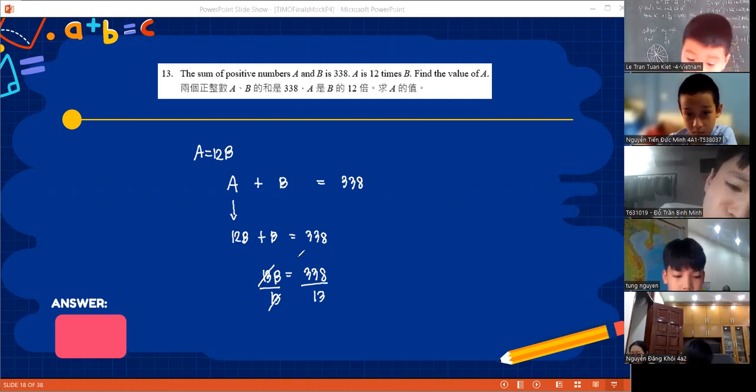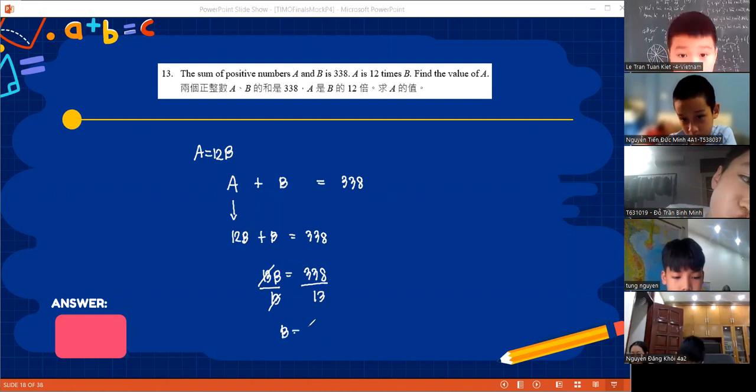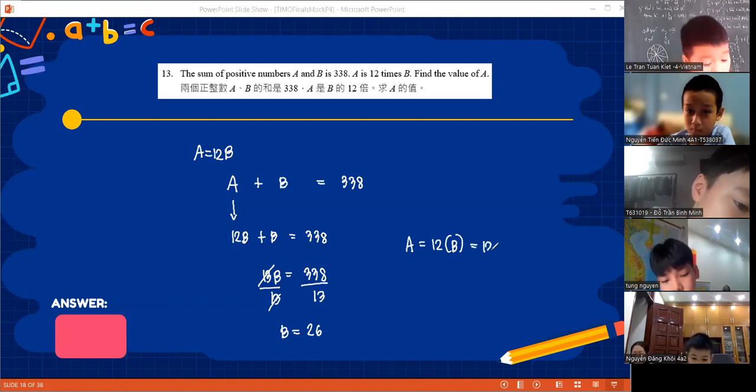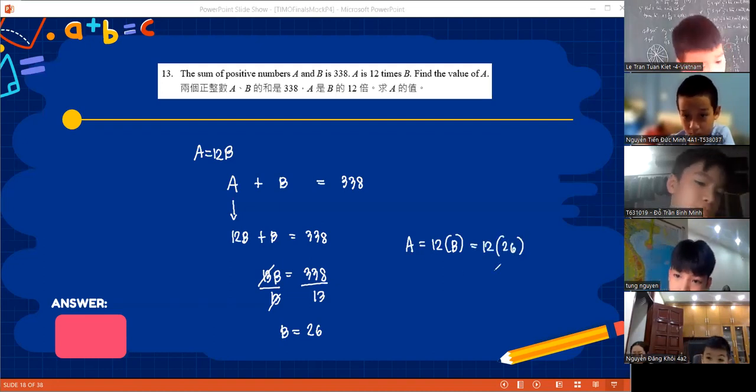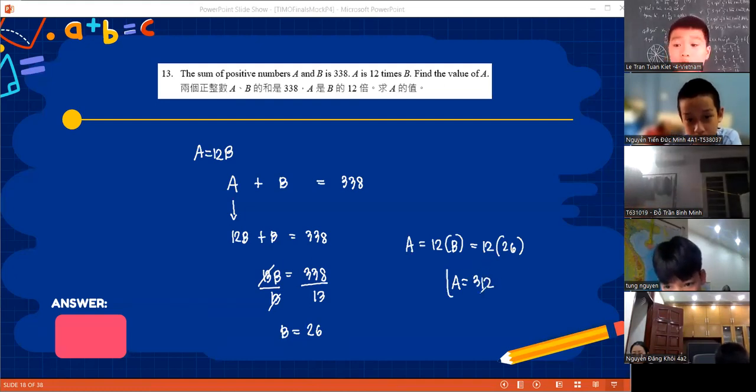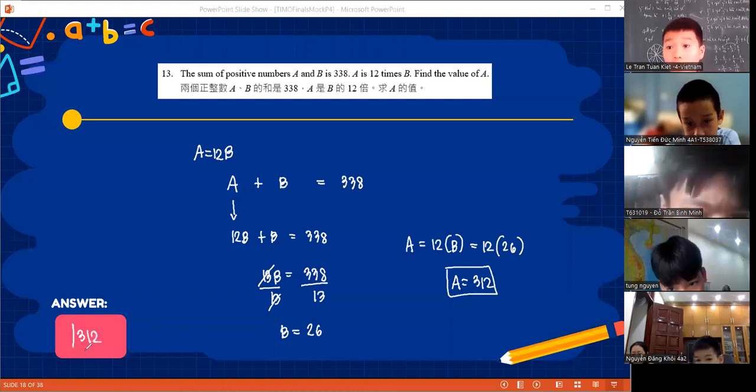So 338 divided by 13, that would be the value for B is equal to 26. Right? Now you're asking for the value of A. So the value of A is 12 of B, right? Which is 12 of 26. So the value of A here is 312. Okay? So you can just simply write 312 as your answer.